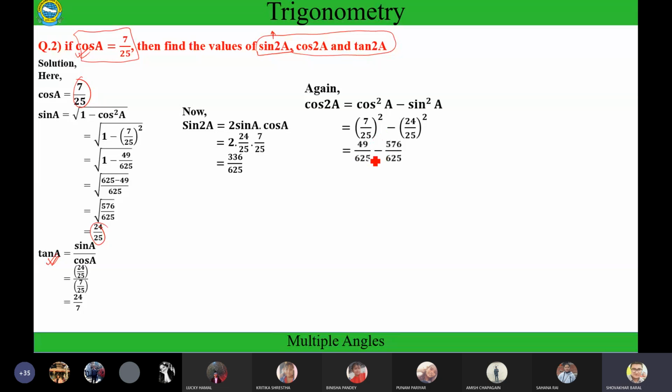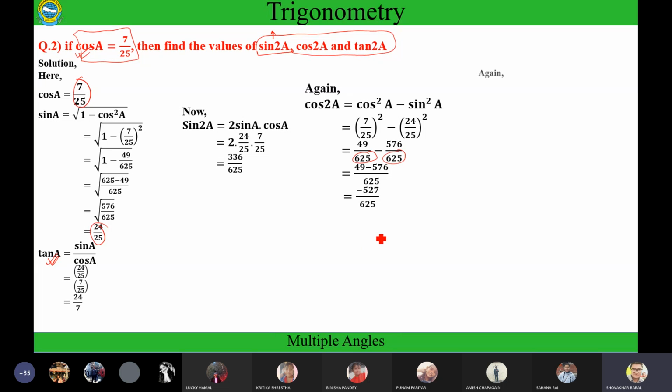Just calculate these values. It will be 49 by 625 minus 576 by 625. You can use a calculator to calculate these values. So 49 minus 576 by 625, taking the LCM of 625 and 625, and this is equal to minus 527 by 625. So this is the value of cos 2a.